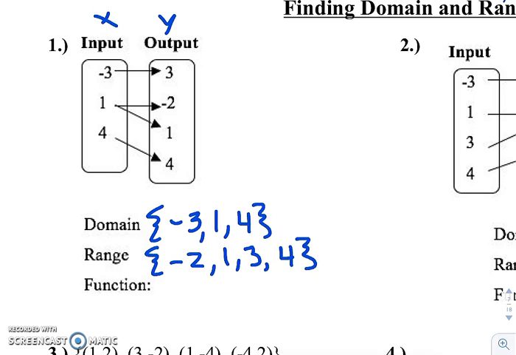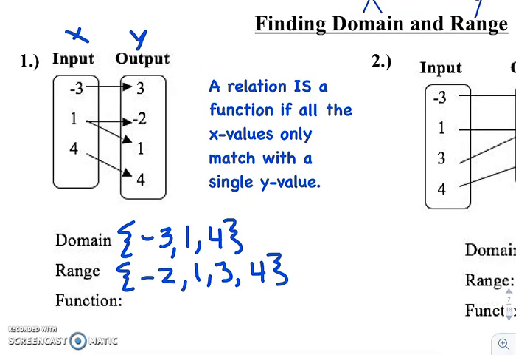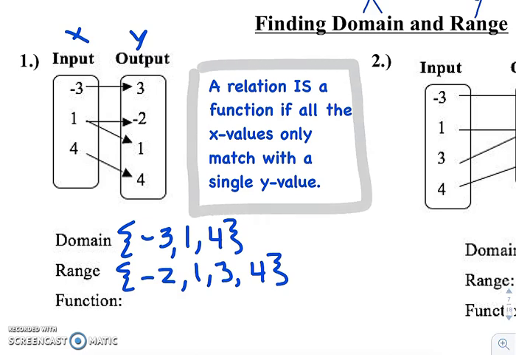So is it a function? We have to remember our rules for functions. Depending on if it's a graph, you might have done a vertical line test, but as a whole, everything is a relation, and a relation is a function if all the x values only match with one y value.